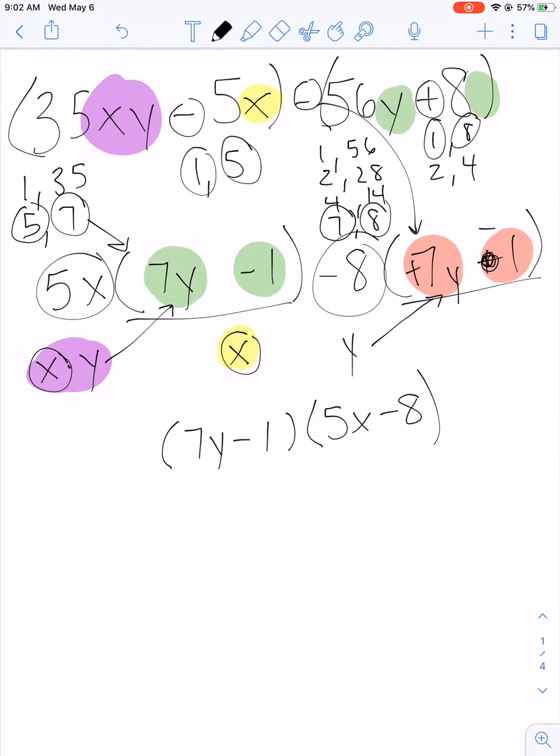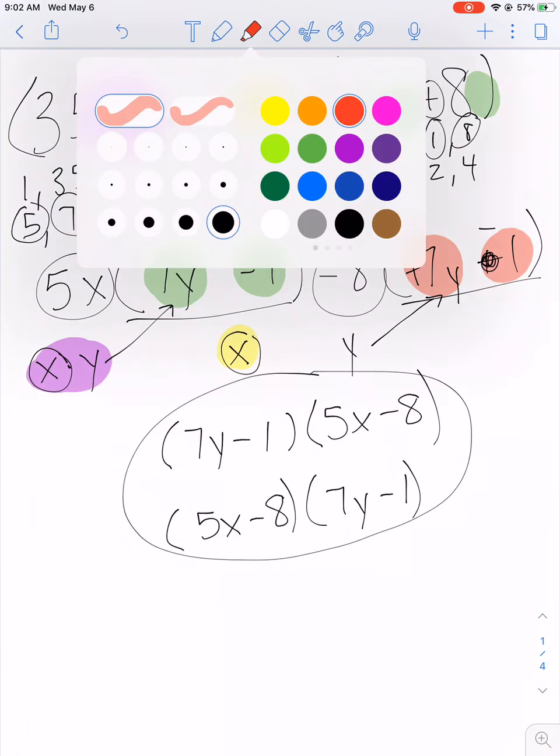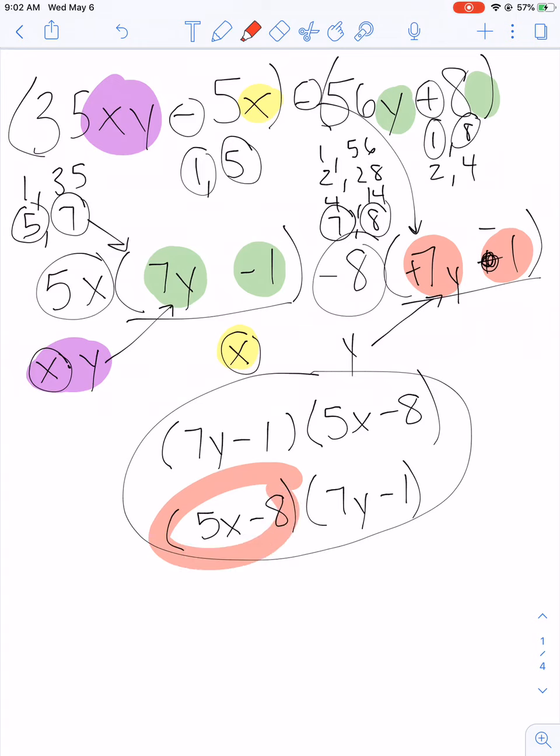Now, again, some mathematicians are going to tell you that the correct order is to go alphabetical. I don't really care either way. Just do whatever makes your teacher happy. Okay. And again, we would say that each of these parentheses is a factor.